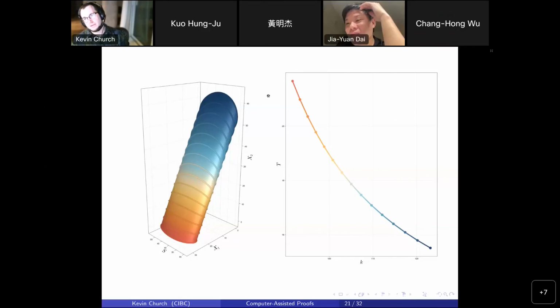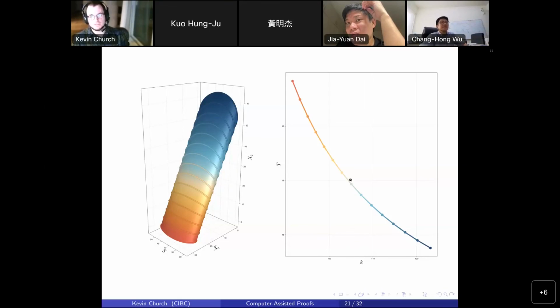The best we could do would be to say, for example, that between k equals 100 and k equals 110, the period is strictly between two numbers, and we could, for example, prove that the period is monotonically decreasing. Wow, that's amazing. So we can prove monotonicity of the period for sure if we wanted to. Even this is amazing, I would say. Okay, very good.